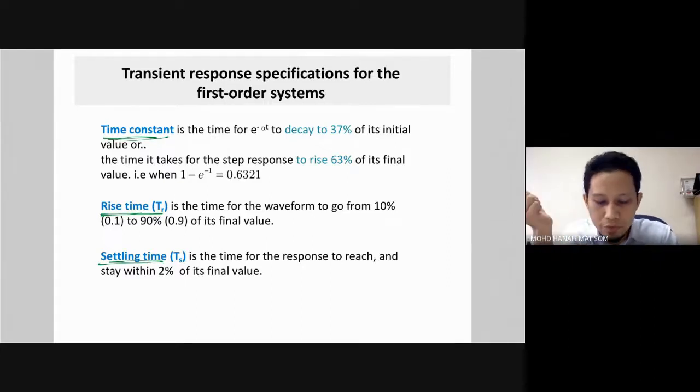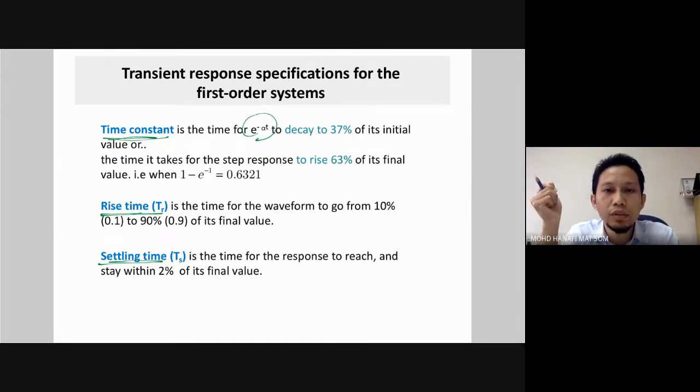So what is time constant? Time constant is the time for the exponential negative at expression here to decay to 37% of its initial value. Or we can define it as the time it takes for the step response to rise to 63% of its final value.